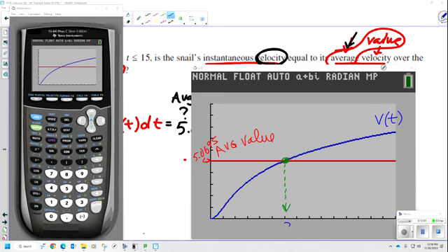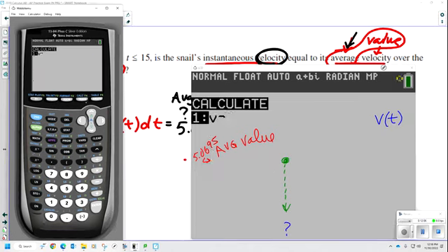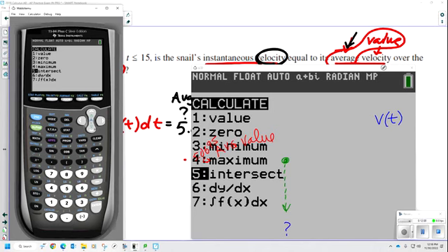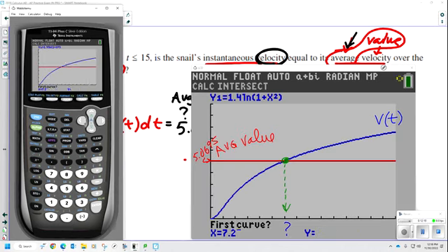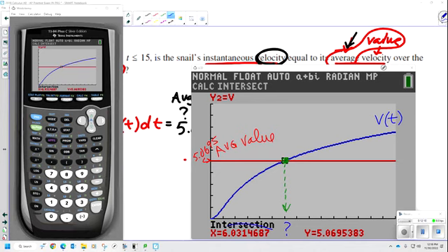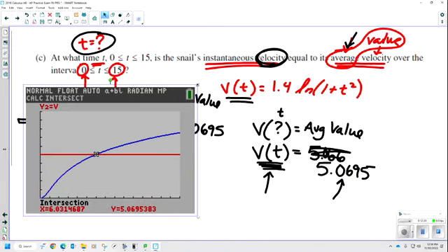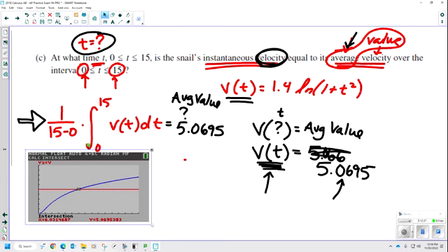What value in t? I've got to use second trace, my intersect function. Let's get close to the intersection, hit enter 3 times. Bang, bang, bang. And it would give me this time right here, 6.031. So if you want, you can probably sketch the graph for yourselves.